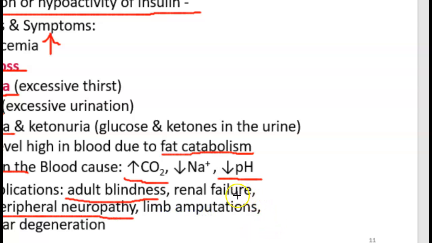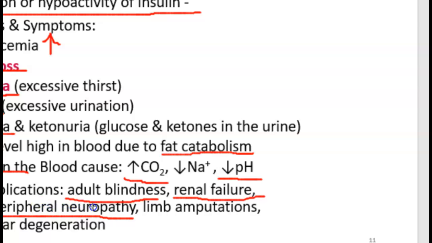But in addition, we get kidney failure. The kidney's working so hard, and we've got so much glucose, probably leaking out of the blood into the tissues, but not being taken up by the cells, just floating in the extracellular fluid, that we often get infections because bacteria have a great energy source.